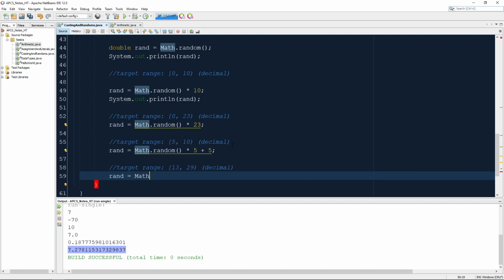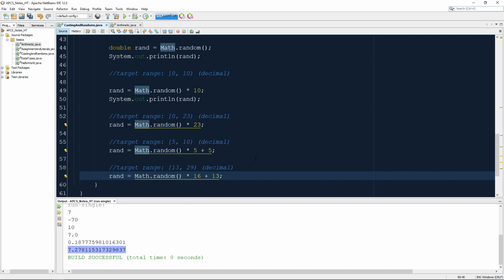So we'll say Math.random. And now again, the multiplication, if I just put 29, that might be correct, but because we're also going to adjust the lower bound, we need to unadjust or backpedal a bit on our upper bound. So we're going to say 29 minus 13, that is 16. So we're going to multiply by 16, and then we're going to add 13.